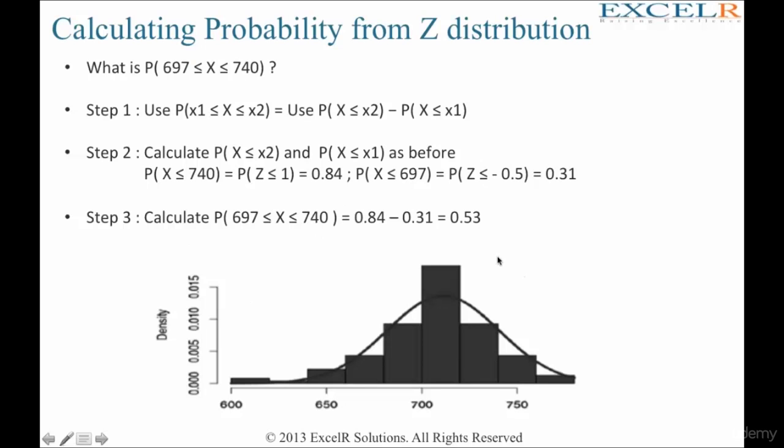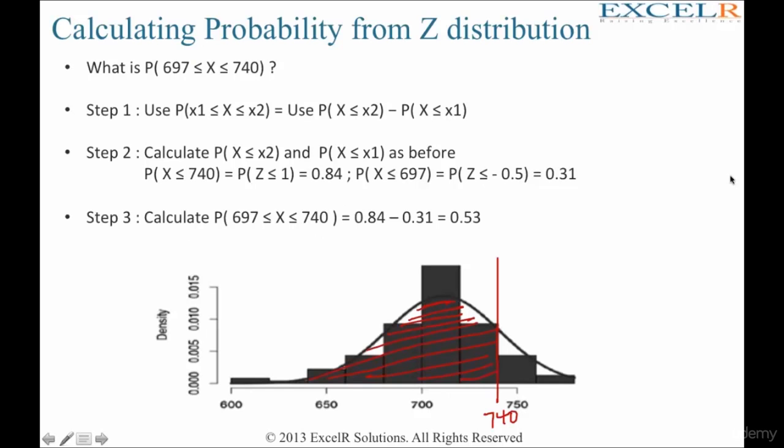Now what this has done is the probability value for 740 would actually calculate the complete region towards the left. By default, that is how it calculates. Complete region towards the left.